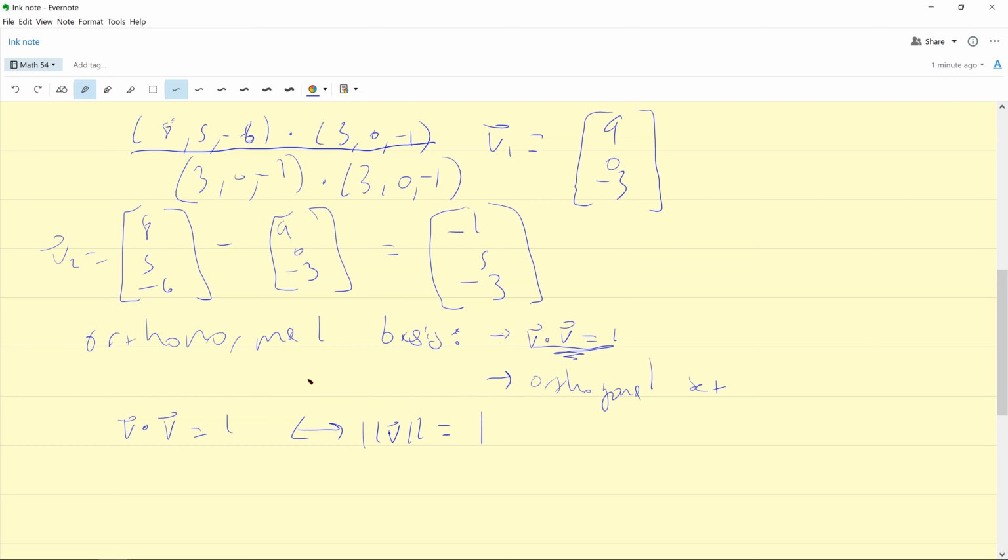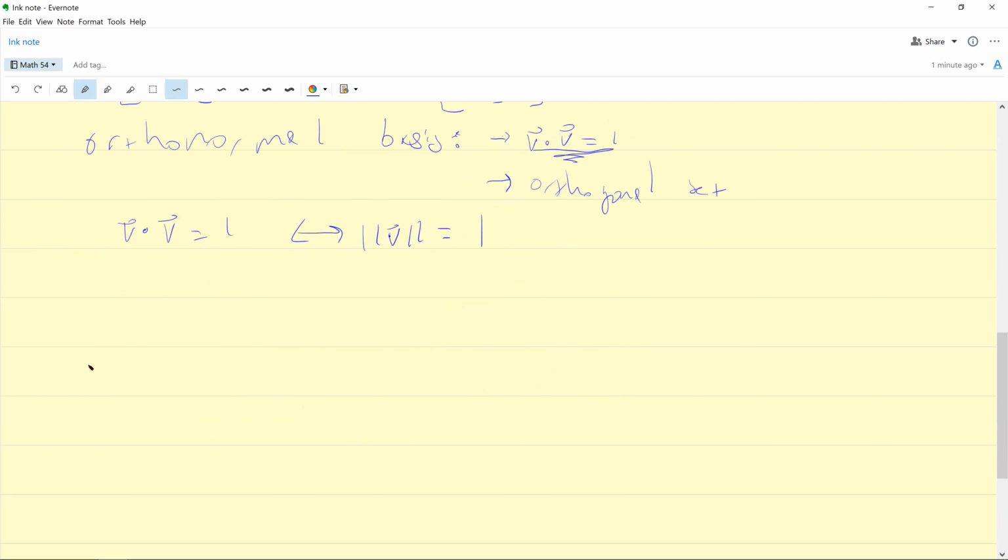These vectors point in whatever direction in R3, and all we have to do is make them unit vectors. To get unit vectors, we can take the vector and divide it by its magnitude.